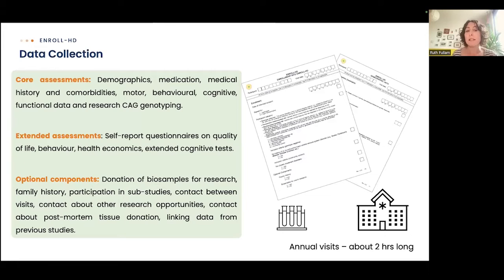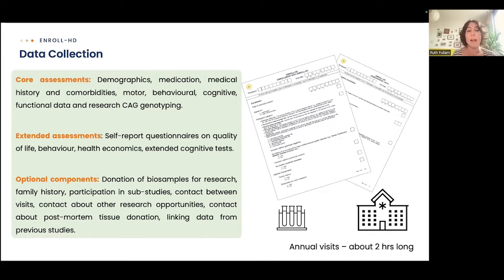There are also extended assessments, which are things that the site and the participant can choose to do. And these are self-report questionnaires on quality of life, behavior, health economics, some other cognitive tests. And finally, there are optional components. So these are things that the participant can explicitly say, I do or I don't want to take part in this.